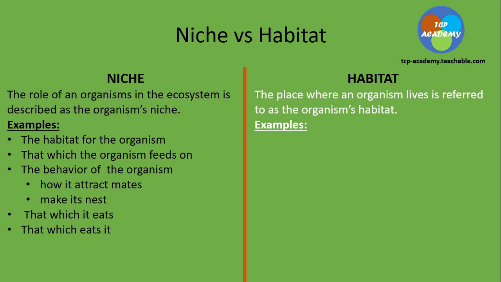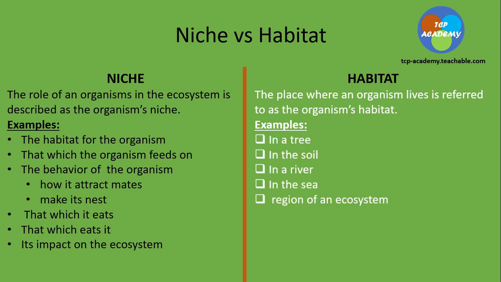That which eats it is a part of its niche. Its impact on the ecosystem. Is it a pollinator? Does it keep other organisms' populations in check, as it were with the ladybird beetle and the aphid, or the dragonfly and the mosquito?